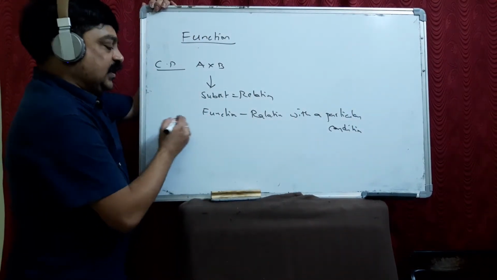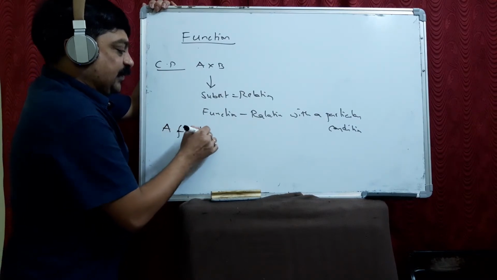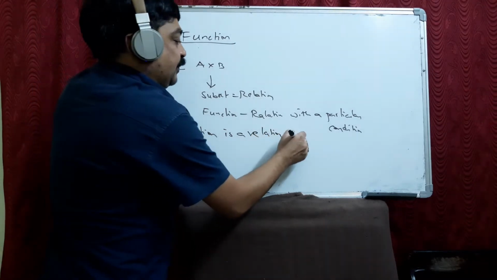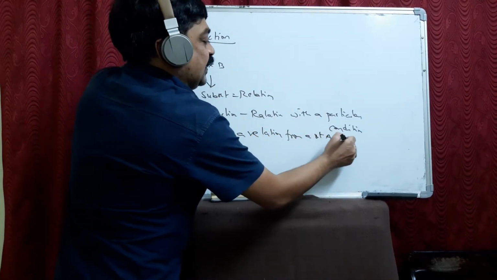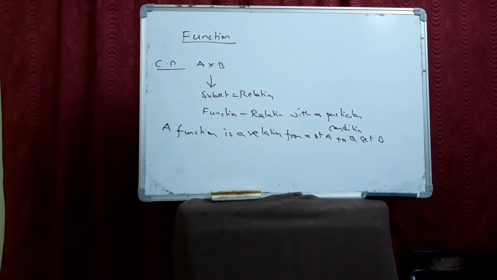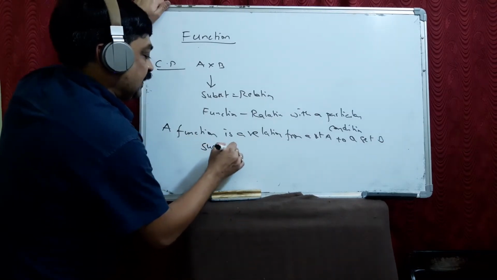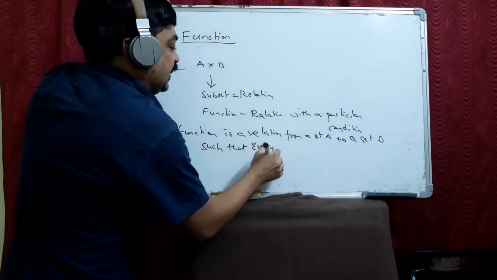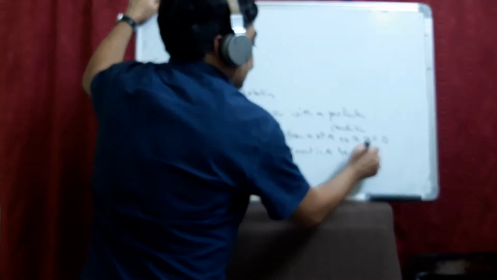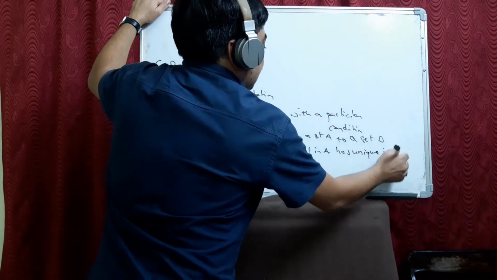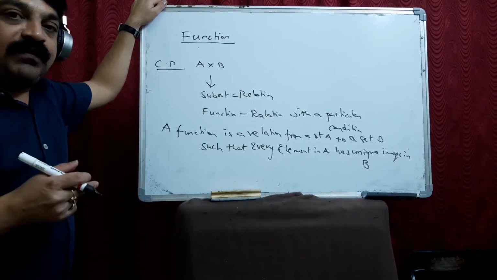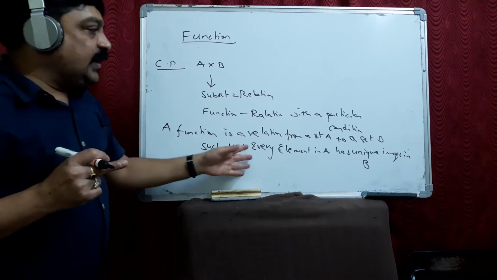A function is a relation from a set A to a set B such that every element in A has a unique image in B. See, every element in A should participate and it should have only one element in B. Without any condition, it is a relation.